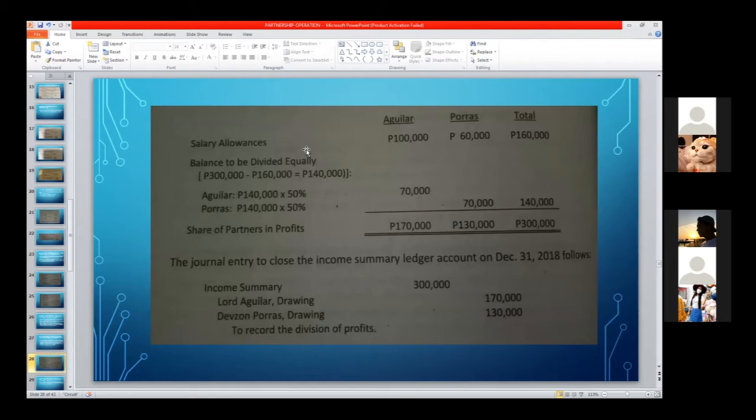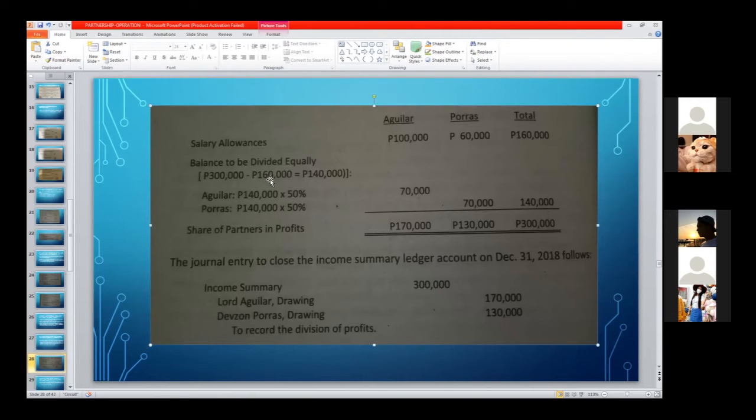Okay, so assume that Aguilar and Forest Partnership, the agreement provided for an annual salary of 100,000 and 60,000. So 100,000 kay Aguilar and then 60,000 kay Boras. Madali lang. Ilagay nyo lang dyan 100,000, 60,000. Then total nyo 160,000.